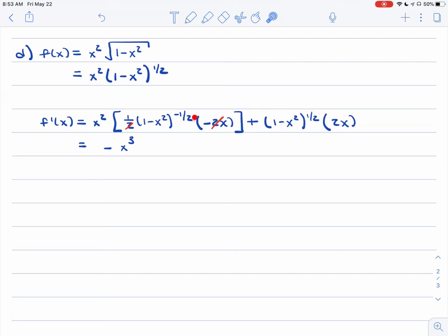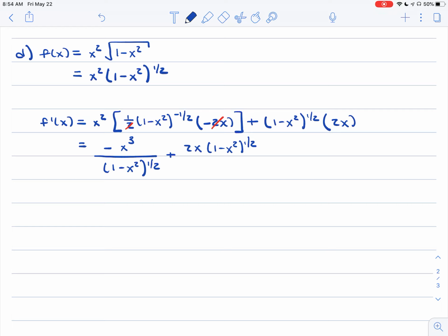And then with my negative exponent, I'm going to put that in the denominator. So that'll be a 1 minus x squared to the positive 1/2. Okay, and then for the second piece, there's not really too much we can do with that just yet, so I'm just going to leave it alone for a second as the 2x times 1 minus x squared to the power of 1/2.